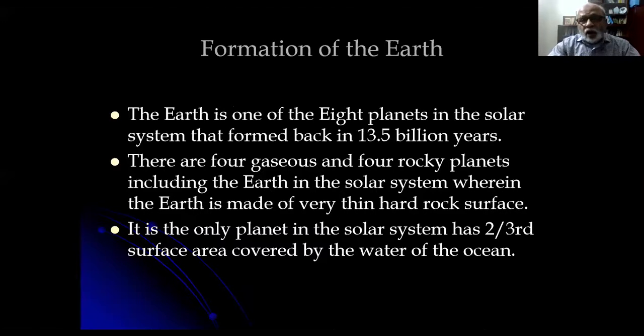So 13.5 billion years back, the solar system started to form, where Earth started to emerge. There are 4 gaseous planets and 4 rocky planets. So Earth is one of the rocky planets.